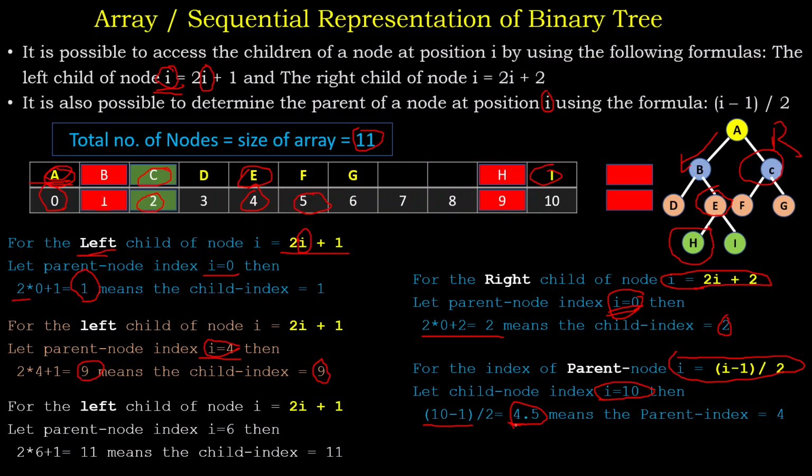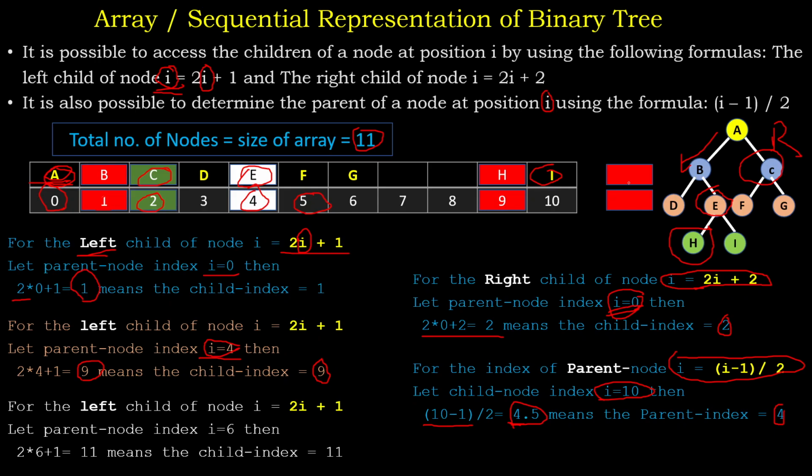So index 4 is the parent index. At index 4 we have E. So E has the child at index 10. You can see clearly that this is the child, and it has the parent E, which is at index 4. In this way you can calculate. And let's represent.